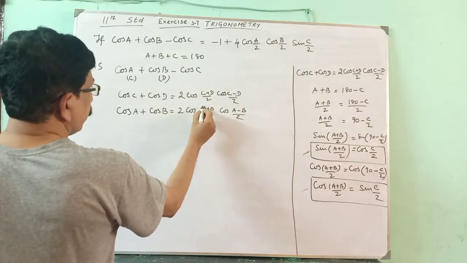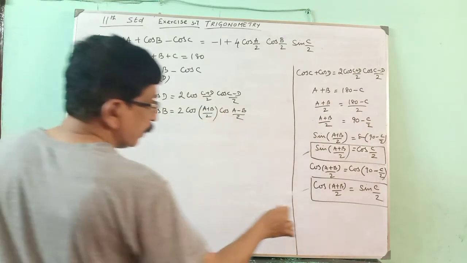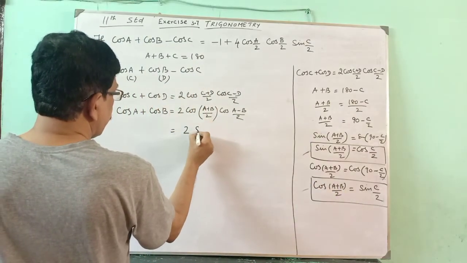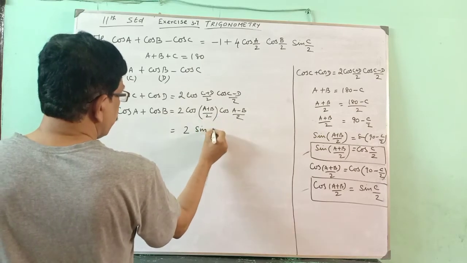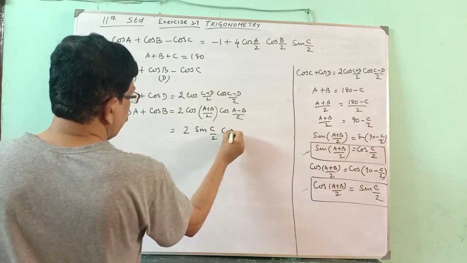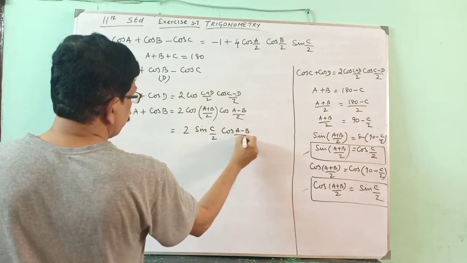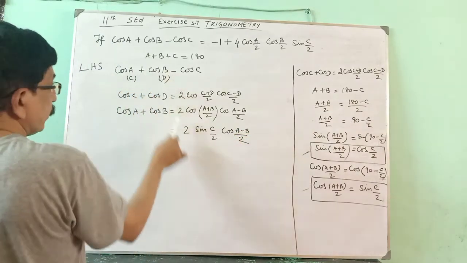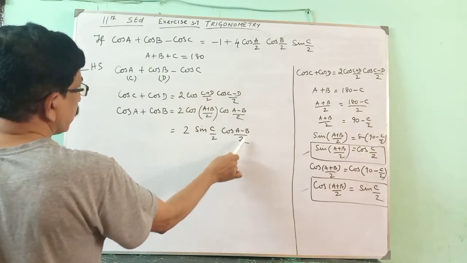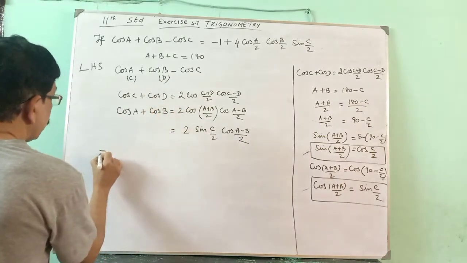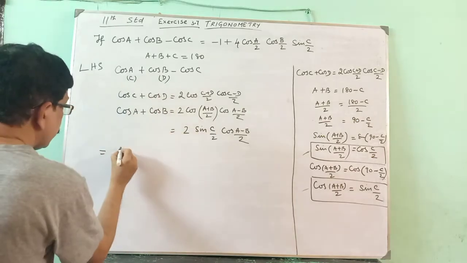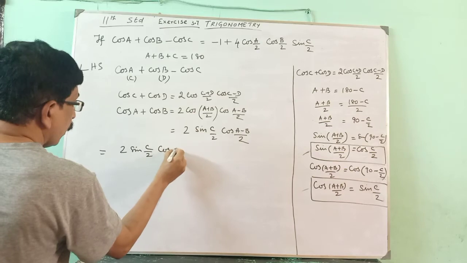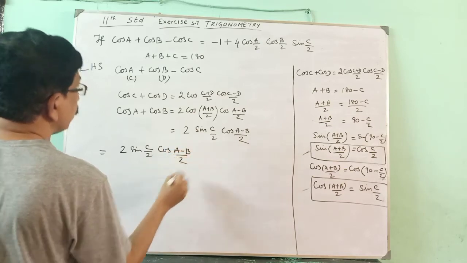Since cos (A plus B by 2) is equal to sin C by 2, cos A plus cos B is equal to 2 sin C by 2 cos (A minus B by 2).